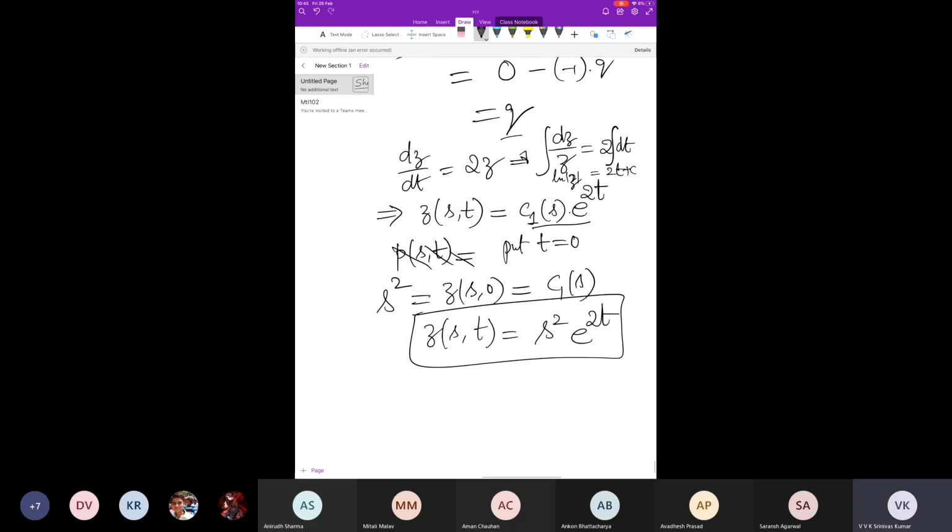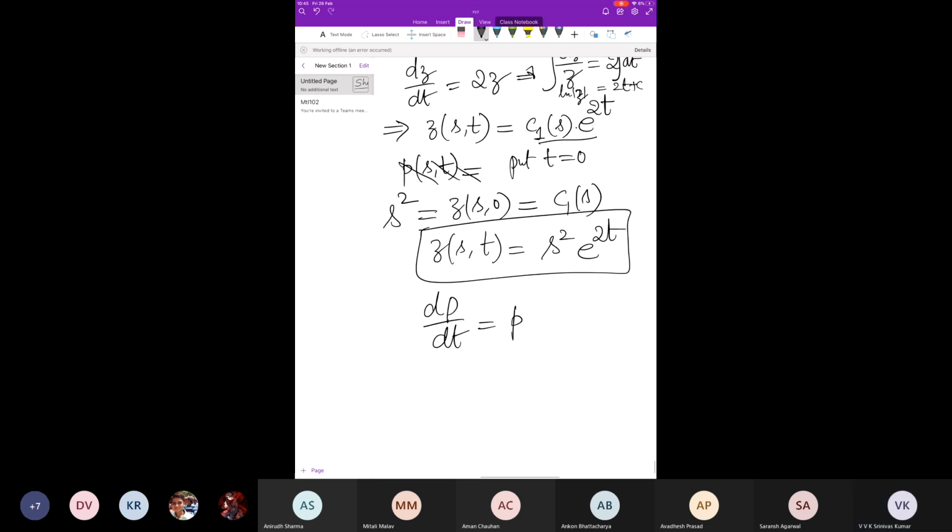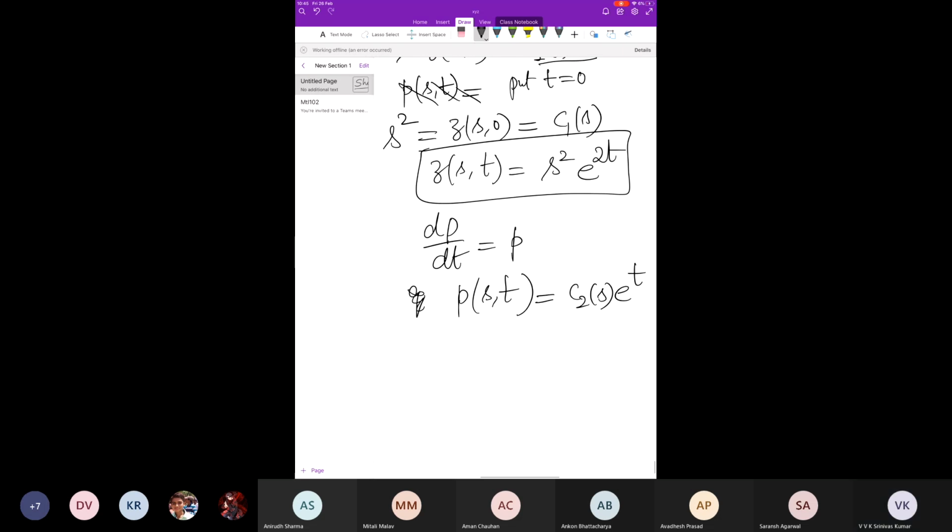Similarly, these equations will give us PST is equal to some C2S exponential t. So put PS0 is equal to C2S, but PS is phi S, and phi S is what?